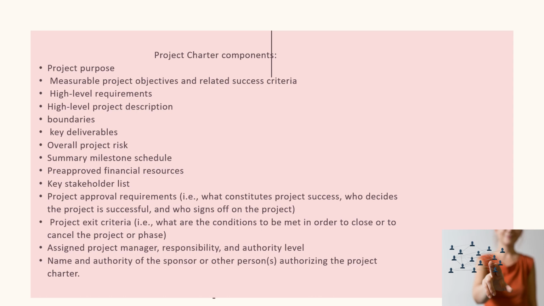The second is you give measurable or SMART, specific, measurable, attainable, realistic, and time-bound project objectives and related success criteria. The success criteria here refers to the metrics or the things that you will be using as a guide to tell you that okay, when you reach this and when you have this, then this project is considered as a success.